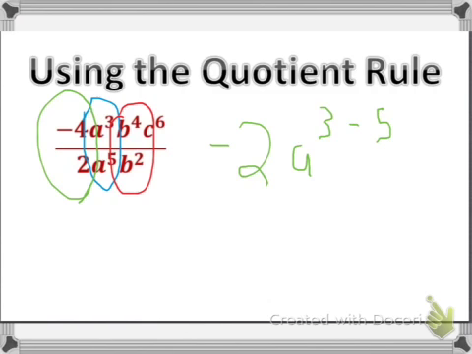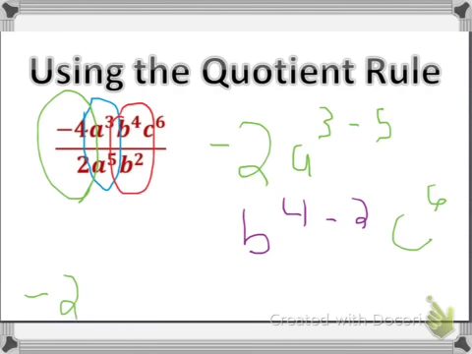Well, I can rewrite that as b to the 4 minus 2 power. And then that c to the sixth term, it stays the same because there's nothing on the bottom that has to be messed with.